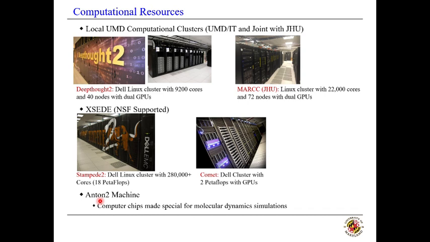Students in my lab get access to these machines and get experience in doing computation, running simulations on multiple nodes. We can run simulations on hundreds of cores, thousands of cores if needed, or multiple GPUs to get the desired output that we need.